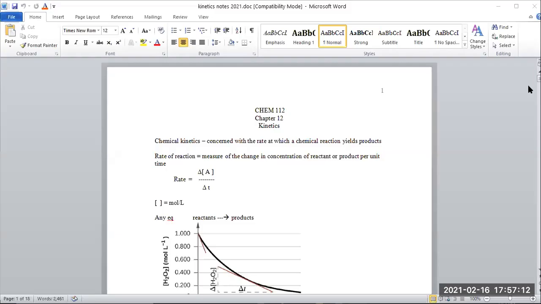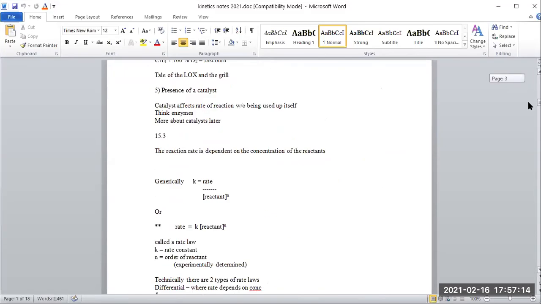All right, let me get rid of my solutions homework and get back to kinetics. We got partway into the chapter here.